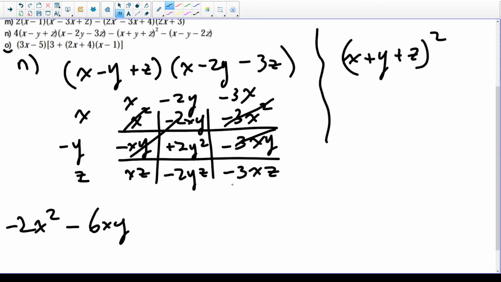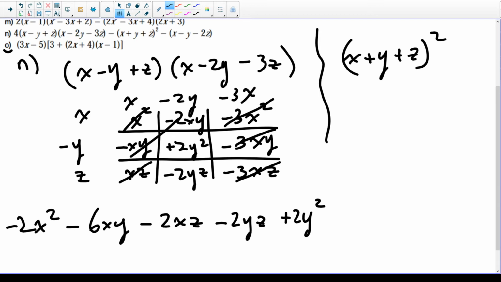So it's xz minus 3xz, which would be minus 2xz. So these two are gone. And then I've got a minus 2yz and a plus 2y squared. Whew. So if I didn't make any mistakes, I think I did that okay.